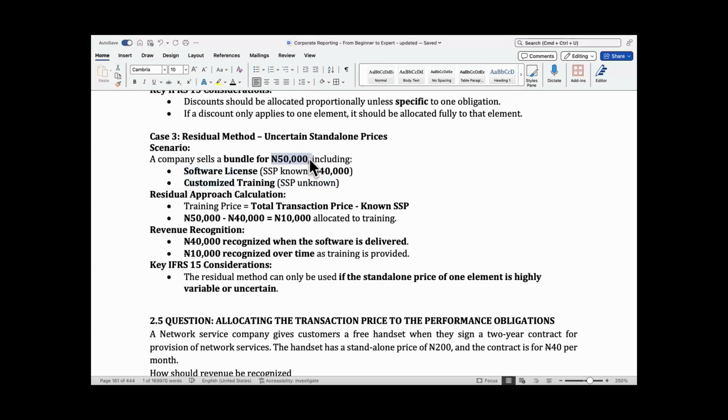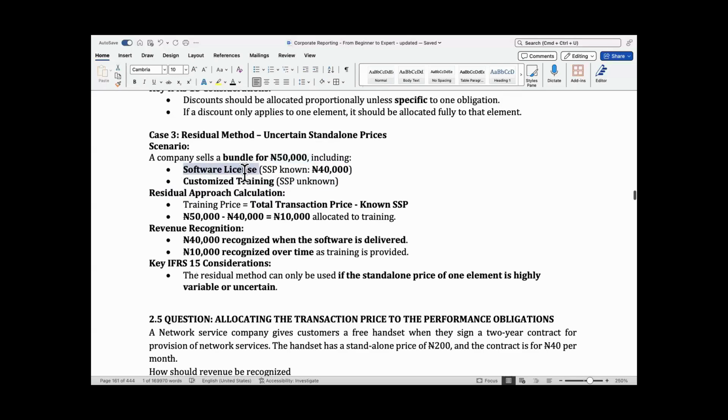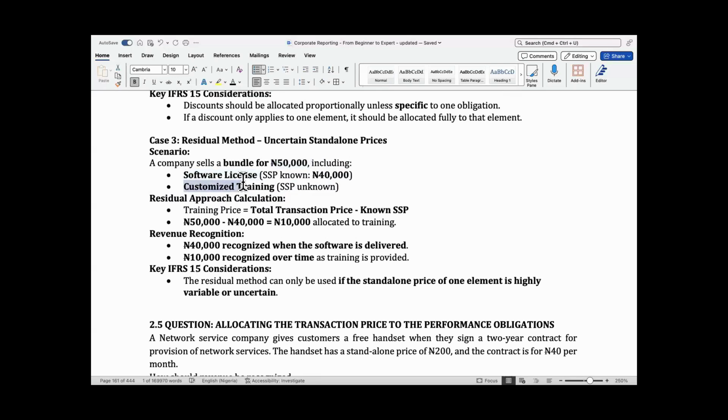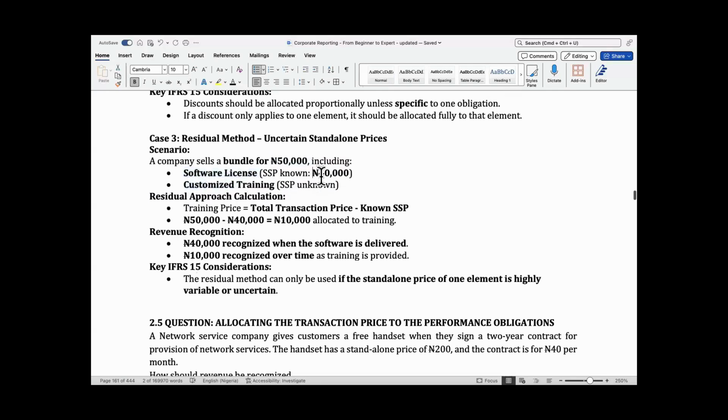This one is straightforward. Since we have identified that these are separate services, the software license, we recognize it at 40,000. Then the customized training, since we are doing the two at 50,000, we can assume the balance is 10,000.